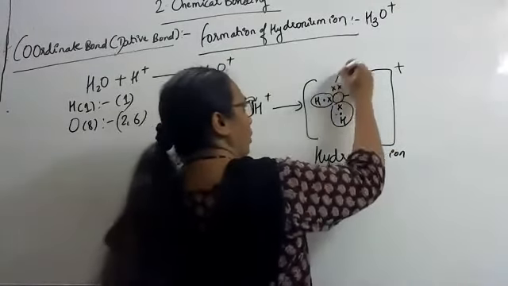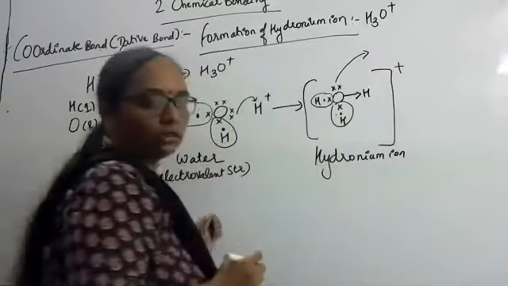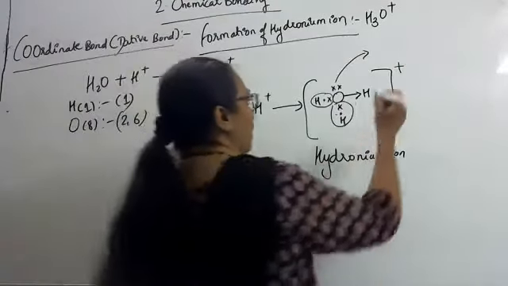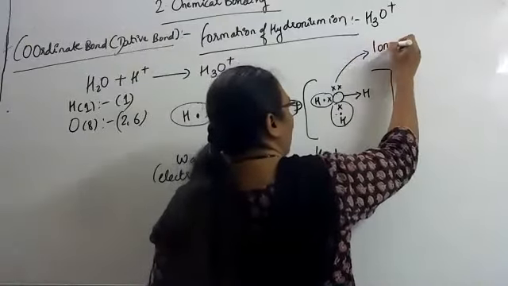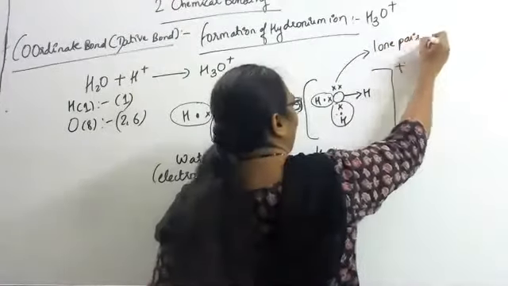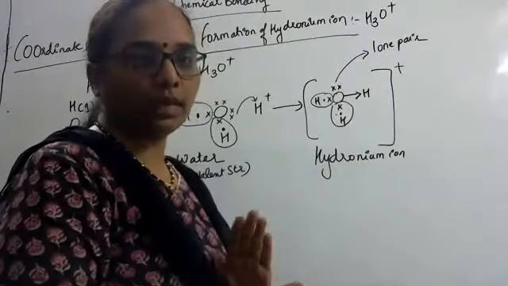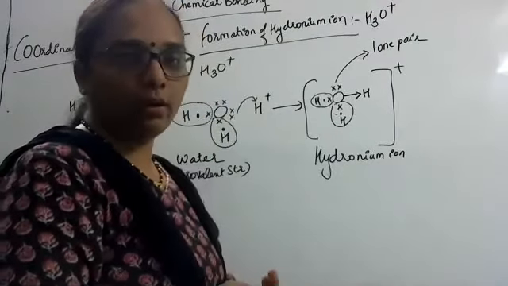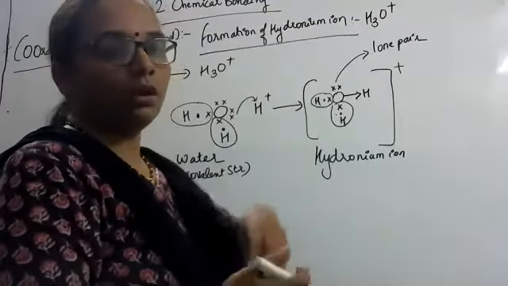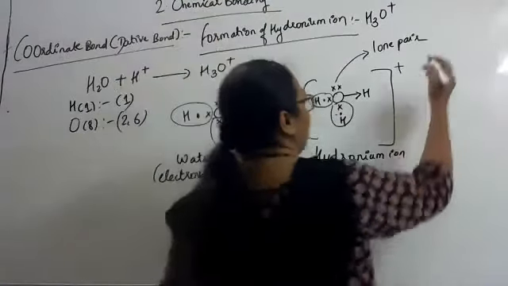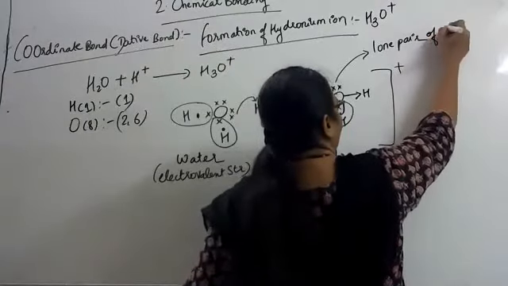These two electrons are neither donated nor shared, so they are called a lone pair. Lone means alone. They are not attached with any other atom, not shared with any other atom, nor donated to any other atom. So they are a lone pair of electrons.